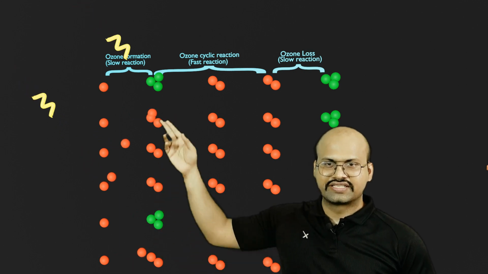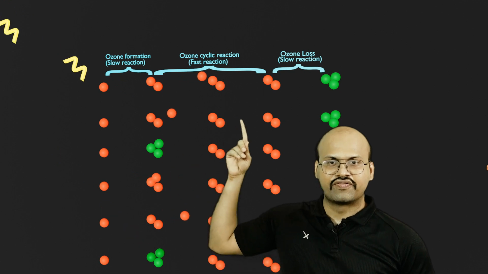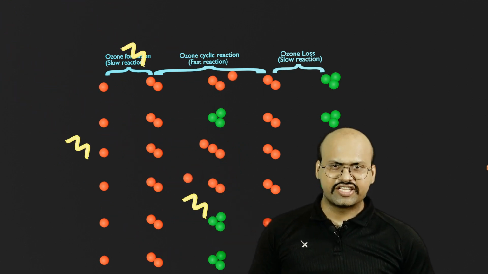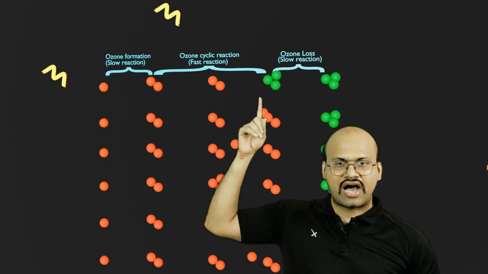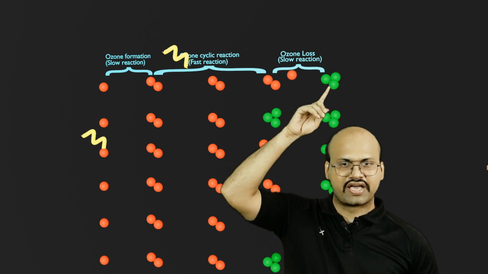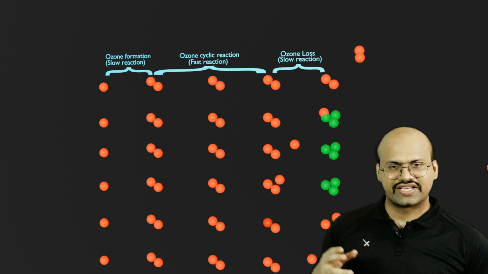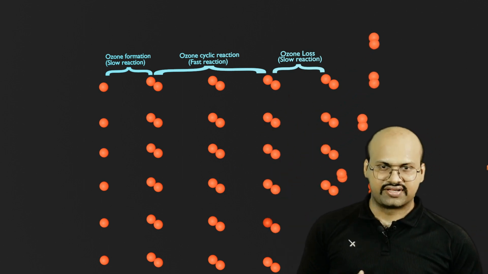We can see these green molecules are ozone molecules. Again, they will dissociate and they will form an oxygen ion which will combine to form another ozone molecule. And this process goes on continuously. Sometimes the oxygen ion which is created may combine with the ozone molecule and give two oxygen molecules. So here we can see that this is the process by which the ozone is destroyed naturally.